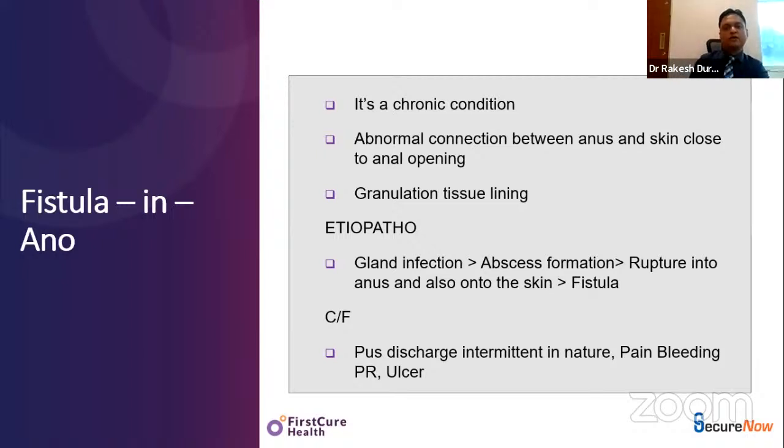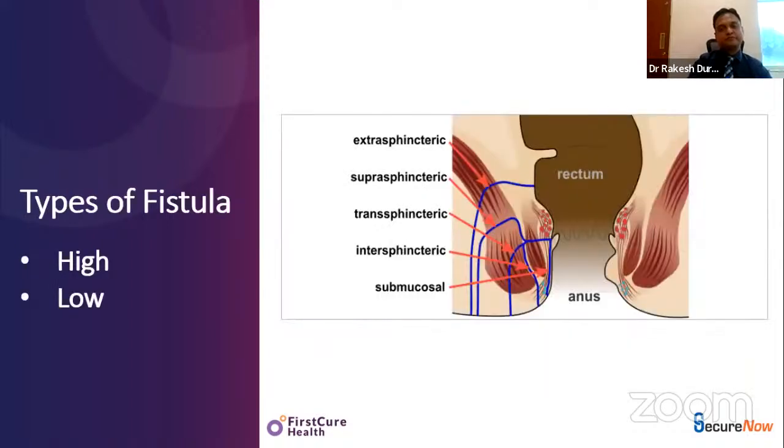That leads to the diagnosis. Or there is a pain rectally whenever they pass stool. Or if the fistula is very small, the patient may tell you that they are experiencing pus coming from the back passage only.